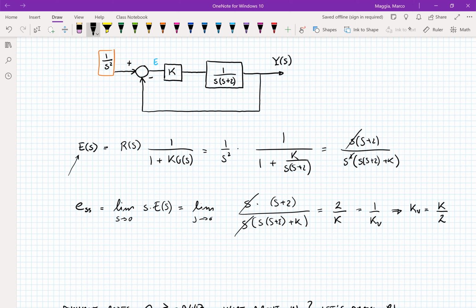In other words, since we're looking at Kv equals 20, we must find k equal to 40. But that might not be the case because we also have the other requirement in terms of the dominant poles.